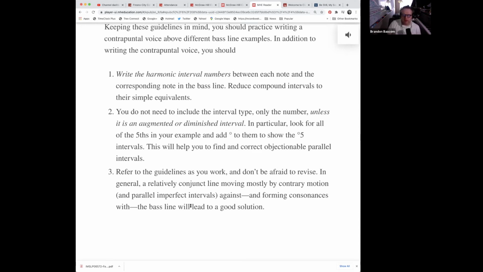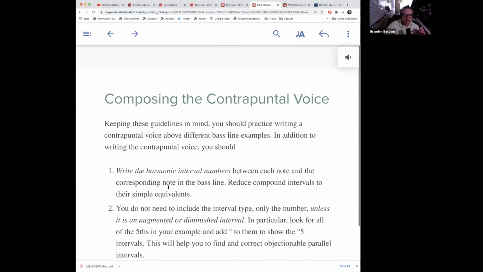Conjunct is smooth. Disjunct is all over the place. So we want to move smooth, but not disjunct, mostly by contrary motion, and parallel imperfect intervals. So we're going to be moving parallel. It doesn't make sense. It's a contradiction to me. Forming consonances with the bass line will lead to a good solution. Doesn't matter. Forget it. On we go.